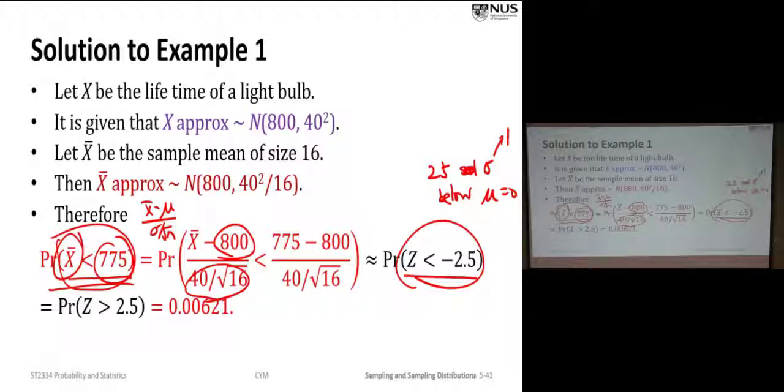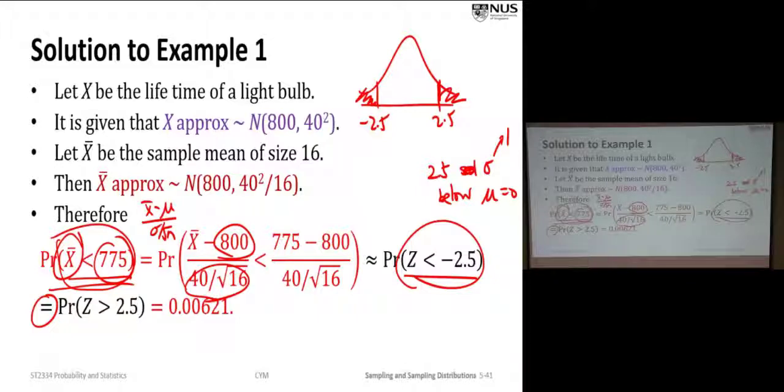Here we make use of the property that the standard normal is symmetric around 0. So the chance of less than minus 2.5 for a standard normal is the same as greater than 2.5. Why do I want to do that? Because the table that may be provided to you, or some statistics tables, work on the right-hand tails.